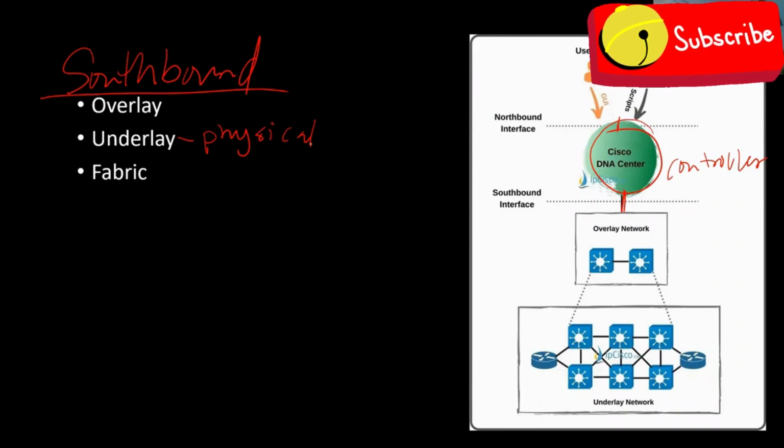Okay, so speaking of tunnel, the overlay has, I believe, VXLAN. VXLAN, right? Not to be confused with virtual LAN, but a VXLAN is a virtual extensible LAN. That's what it stands for. That's what the X stands for. So let's come down here.